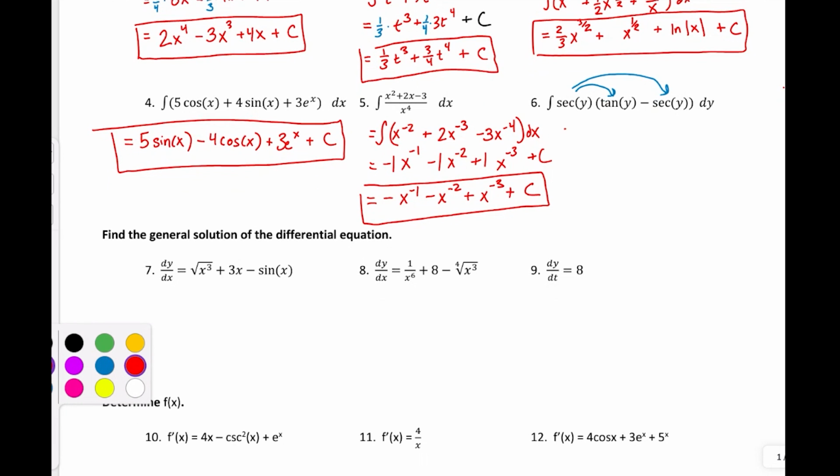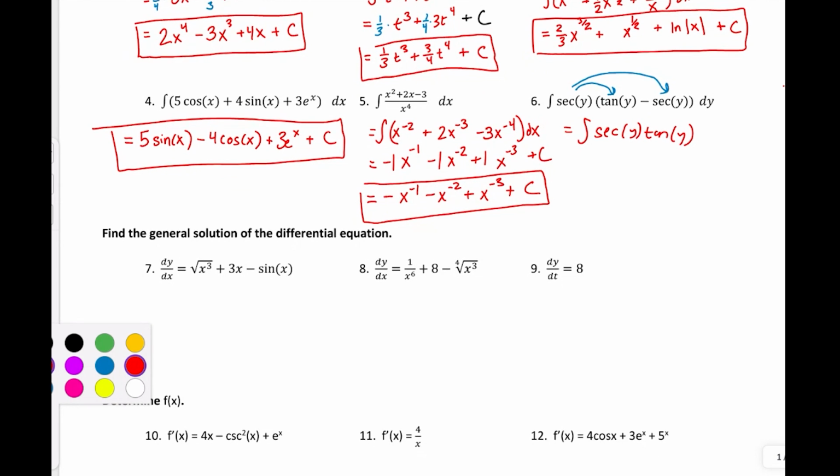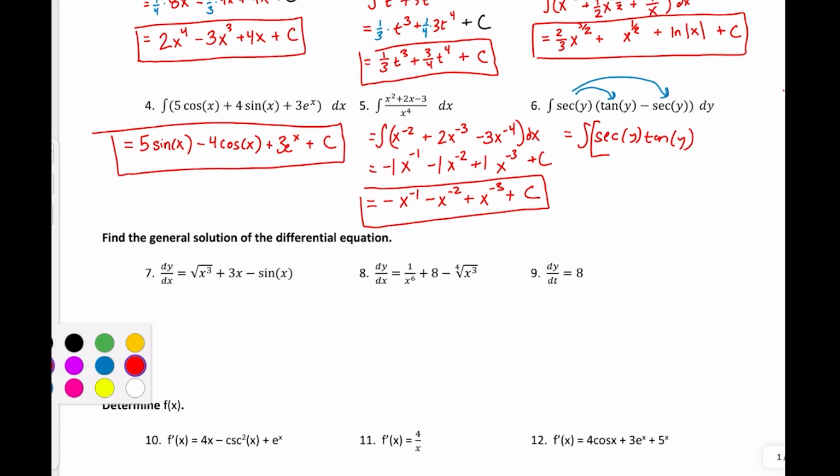So this is going to be the integral of secant y tangent y, and hopefully that's something that you recognize a little bit more. And then minus secant times secant is secant squared. And we have that dy on the end. All right, so both of these two terms you should recognize from your transcendental derivatives.